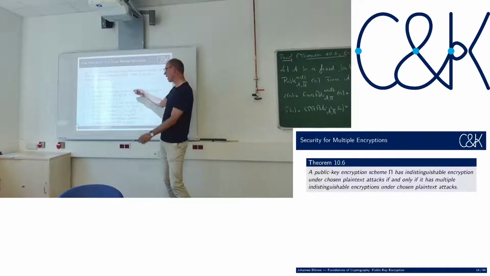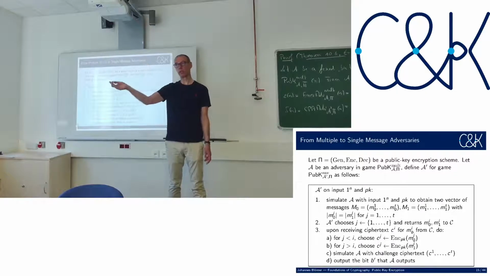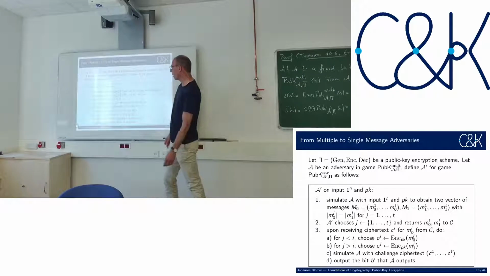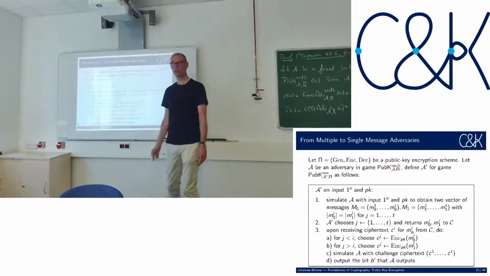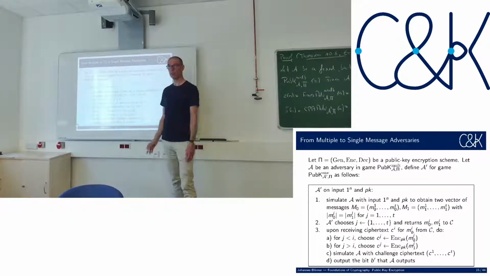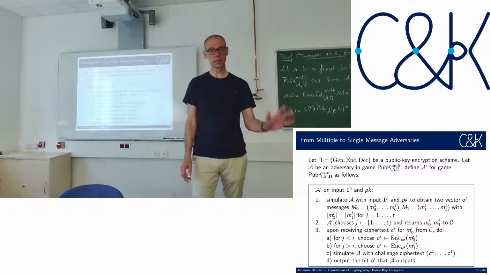So it starts A in the multiple messages game in step 2 after A has received this public key. The public key here for A prime is generated using the key generation algorithm. So A gets really the public key as expected in its security game.